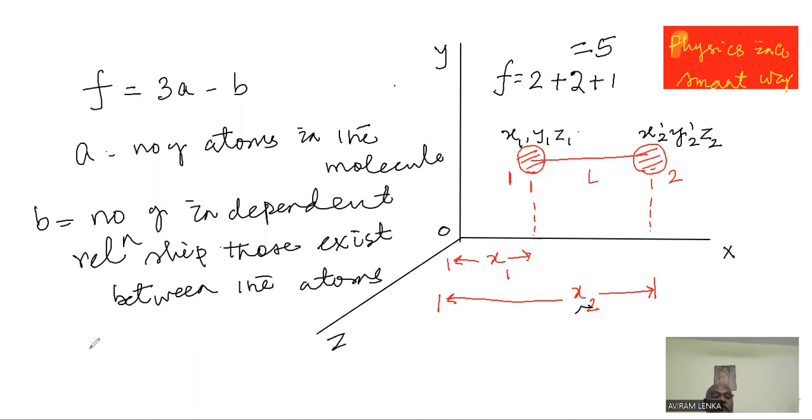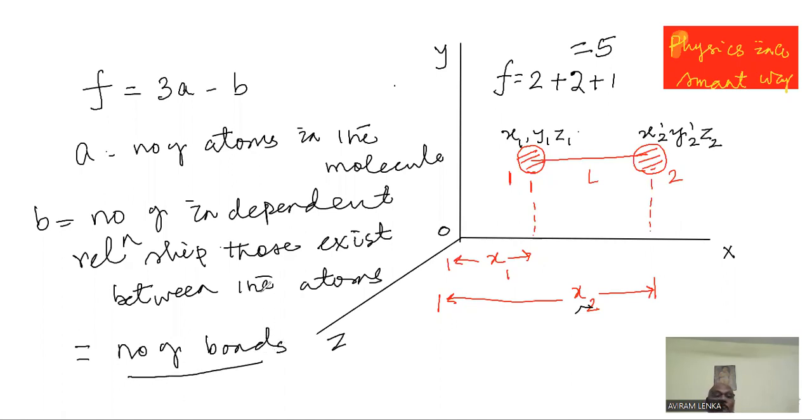If somebody makes it simple, all those high-sounding words can be replaced by a very simple term, that is, number of bonds. Number of bonds available in the molecule.